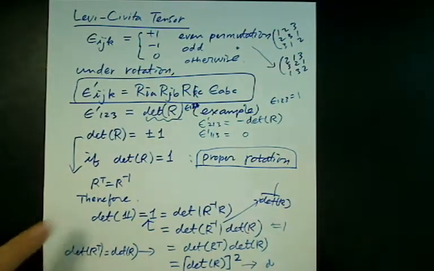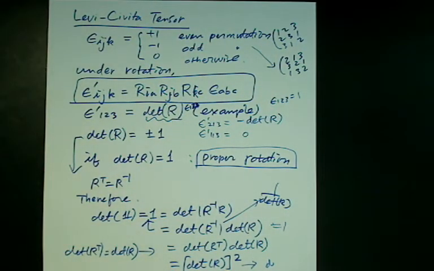There are 6 cases that have non-vanishing values for the Levi-Civita tensor. For even permutation, epsilon_ijk is +1. For odd permutations, epsilon_ijk is -1. And among 27 cases, there are 3 even and 3 odd cases. So for the remaining 21 cases, all the tensor values are 0.